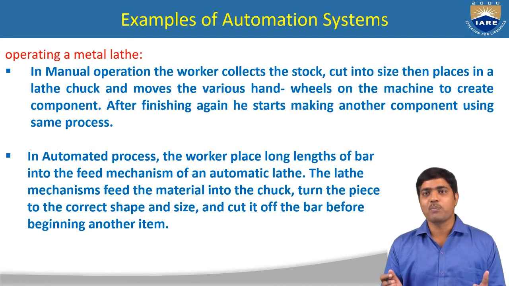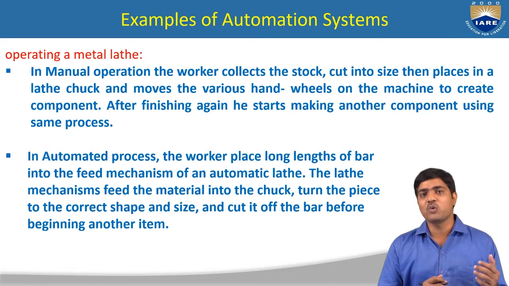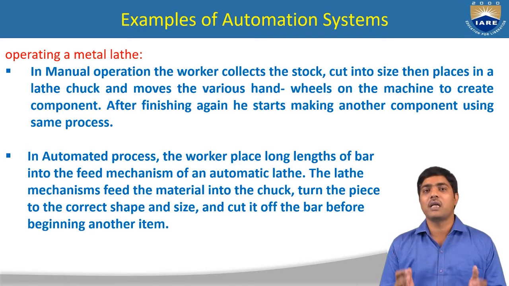Whichever components have variations, he cannot sell, so he has to throw them away as scrap. But if we go through the automated process, what is the purpose of the worker here? The worker simply has to place the long bars into the feeding mechanism of the automated system.